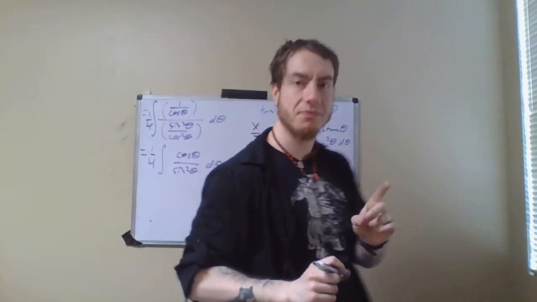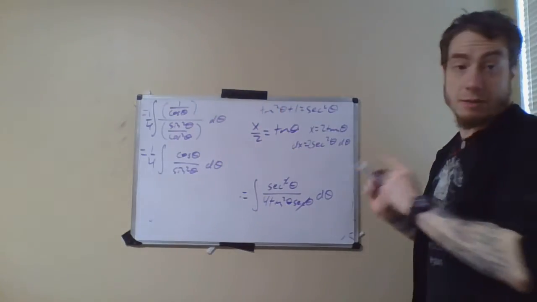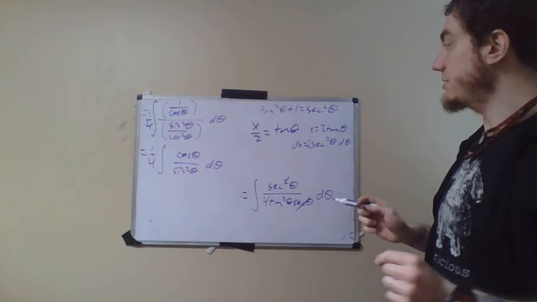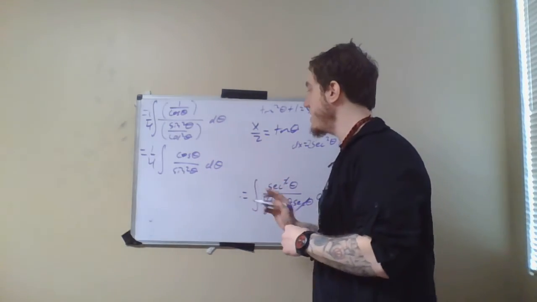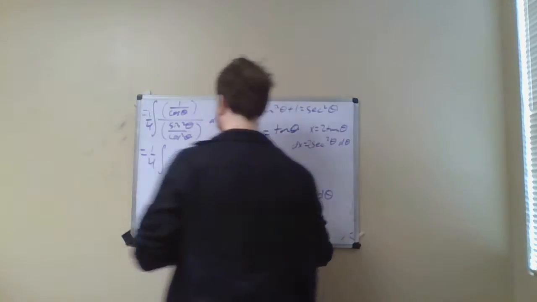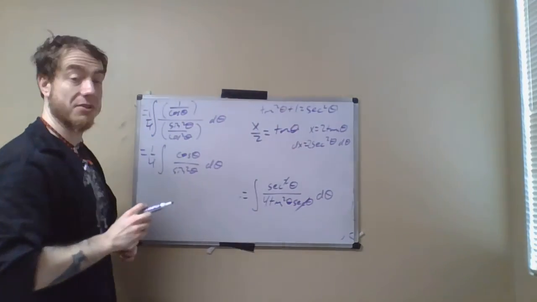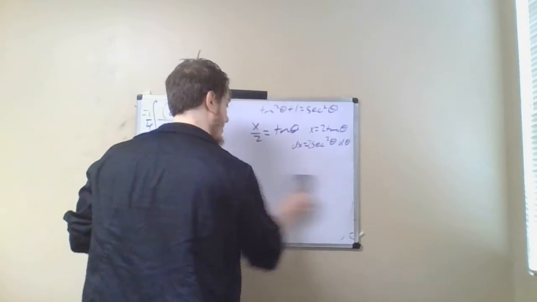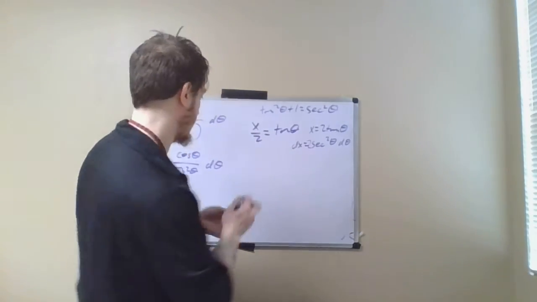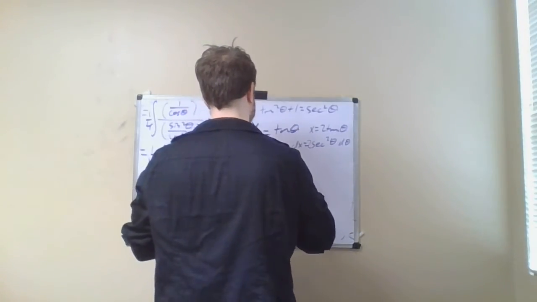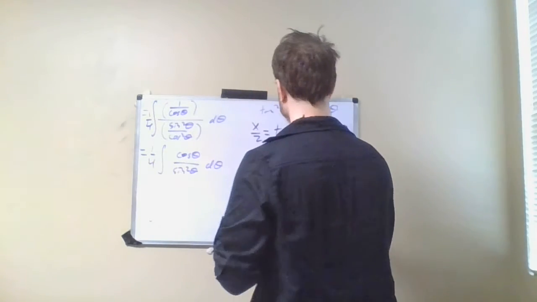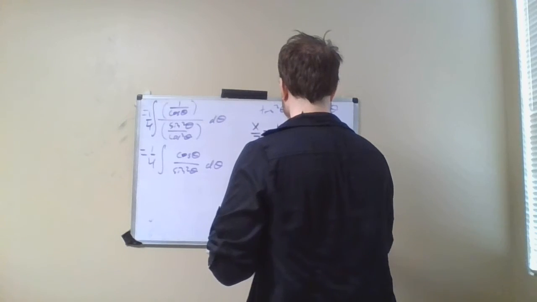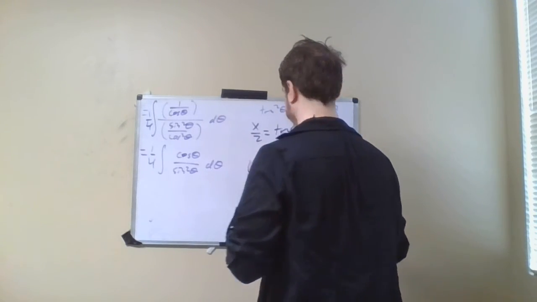Now, at this point, we have to do another substitution, because in order to integrate this, I need to make a u substitution, or that's really definitely the easy way to do this. So what I can do is I can say, let u be equal to sine theta, then du is cos theta d theta.